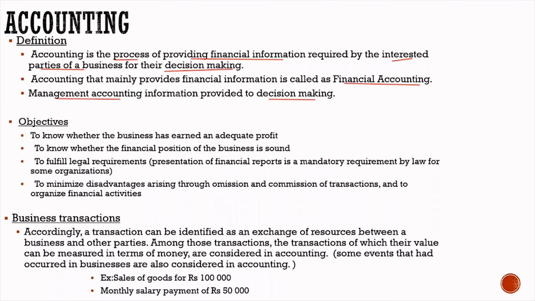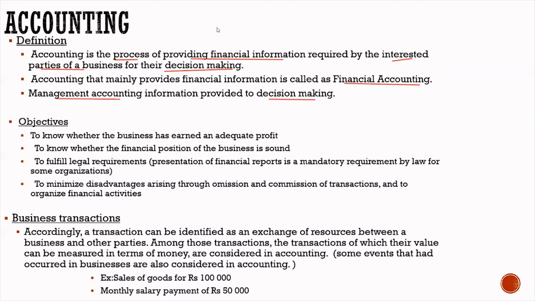Right? So there are two aspects which you will not be discussing at your level, that accounting consists of both financial accounting as well as management accounting. But at your level, just understand that accounting is a process providing financial information to interested parties to help them in their decision making.